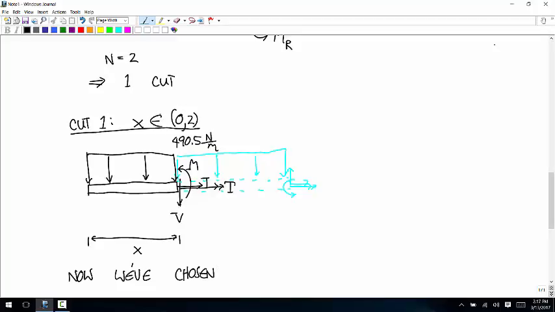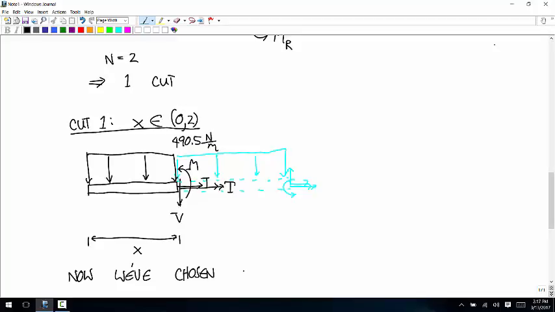That x value could be anything between 0 and 2. So this represents everything from a tiny little piece of this beam to a piece that's almost all the way to the end. Any value of x. And so we're calculating everything as functions of x.